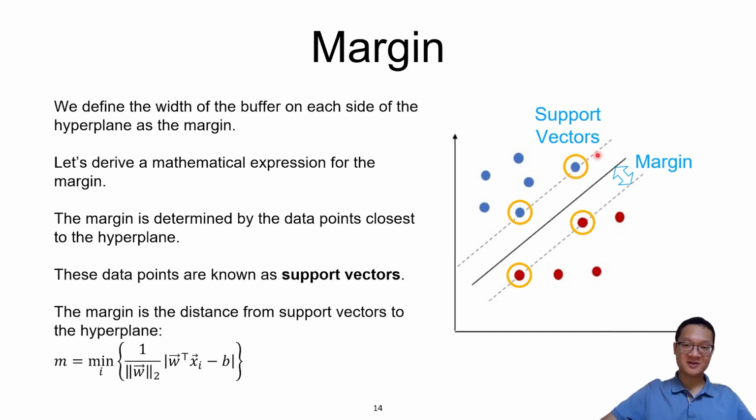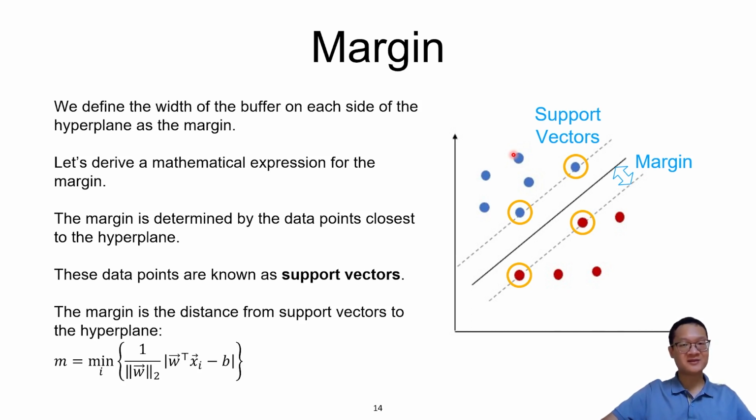The support vectors are basically vectors that directly determine where the boundary should be, right? If you move these a little bit, the decision boundary might change. On the other hand, for the other vectors, which are not support vectors, you can move these a little bit and they won't really affect the margin or the decision boundary.